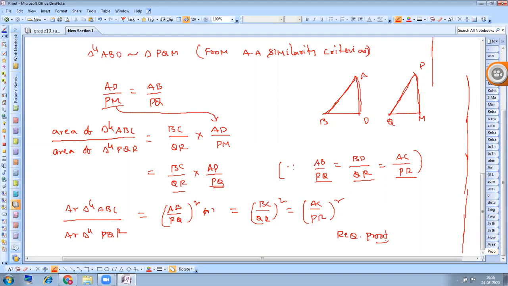It's simple. For the ratios I have to prove, I have to bring the relations between both the things.